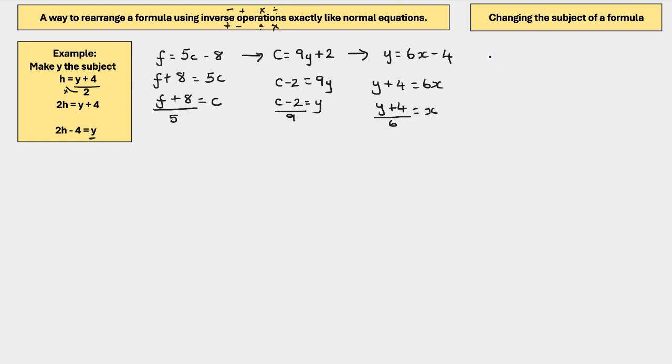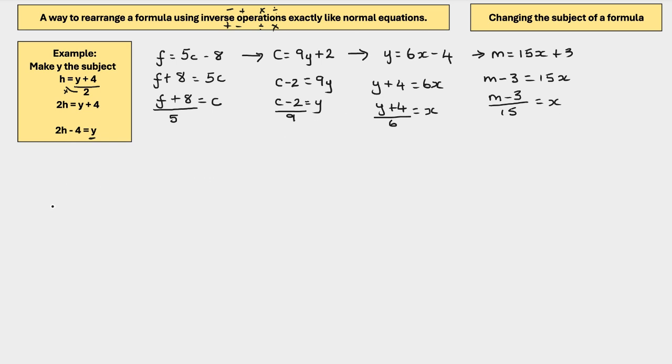Make x the subject again. Why not? With m equals 15x plus 3. So same again. It's a plus, so it's going to be minus. M minus 3 equals 15x. For x on its own, they're stuck together, so it's a multiplication. So it's m minus 3 all over 15 equals x.